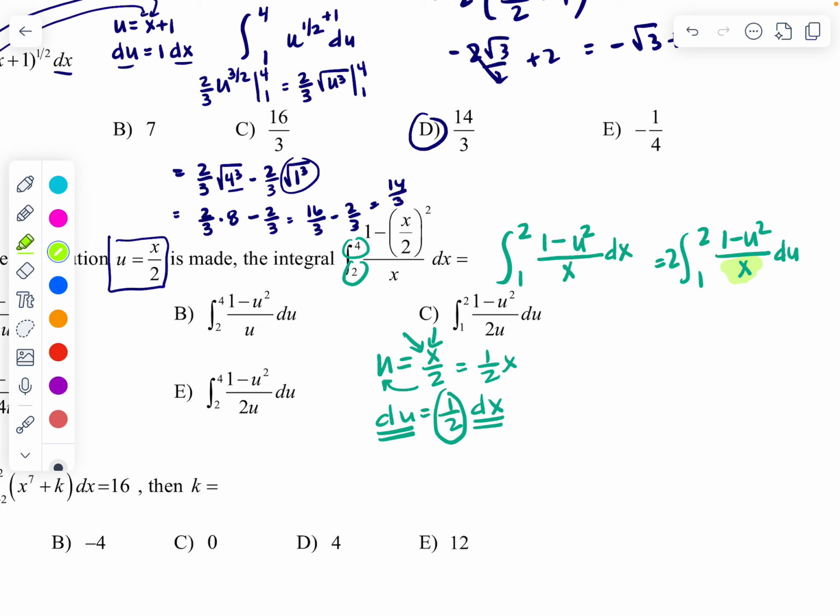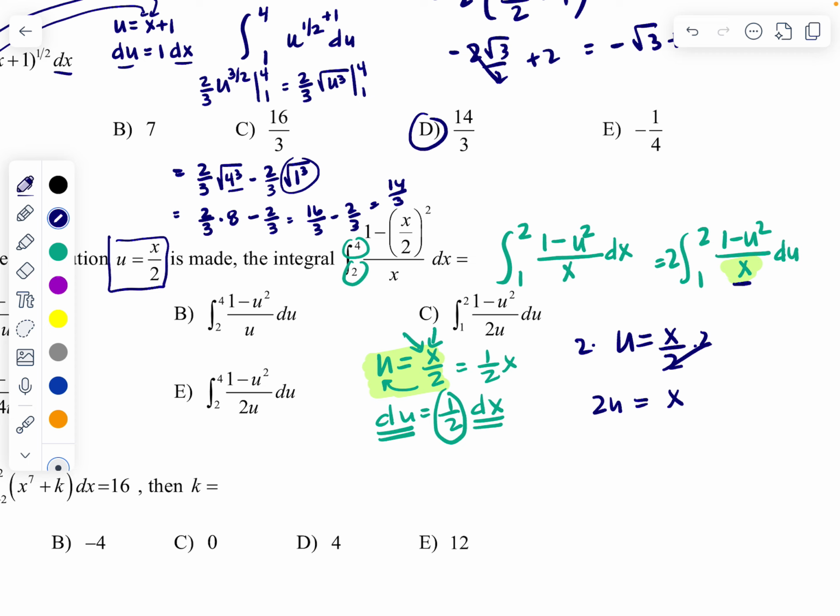So the one thing that you could do with this is find out what x actually equals in terms of u. So if I look at the formula where u and x were related, I had this equation, u equals x over 2. If I multiply both sides by 2, I'm going to get that x equals 2u.